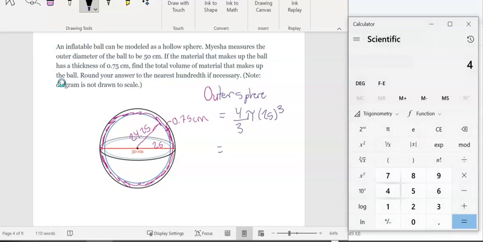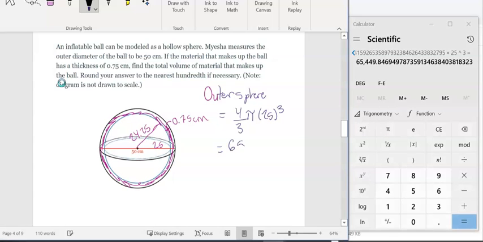So 4 divide 3 times pi times 25 to the third power. And I got 65,449.69. And then the inner sphere is the same formula, 4/3 pi, but then it's going to be times 24.25 to the third power.